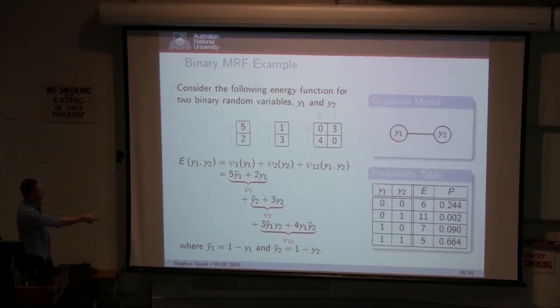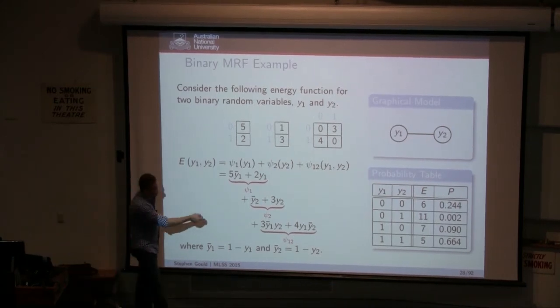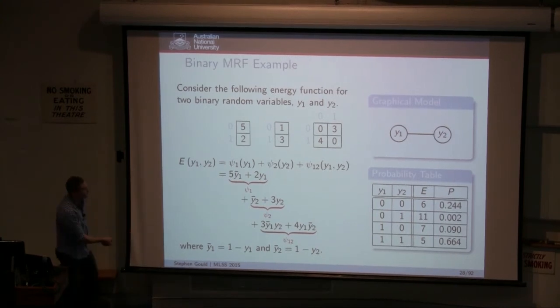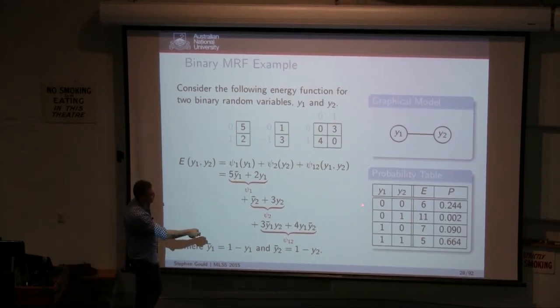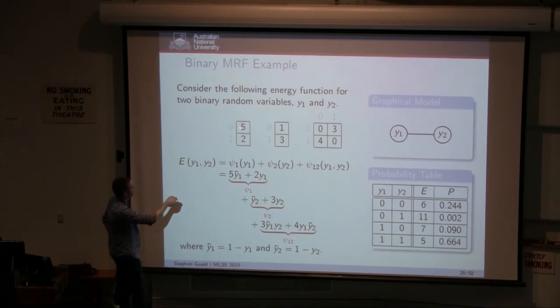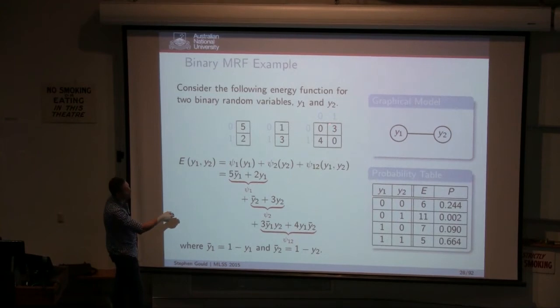Just for completeness, here's the graphical model. There are just two variables with an edge between them. I can evaluate the probability table, where for each value of y1 and y2, I've computed the energy. So 0, 0 gives me a value of 6, which is 5 plus 1 plus 0. 0, 1 gives me a value of 11, so 5 plus 3 plus 3.